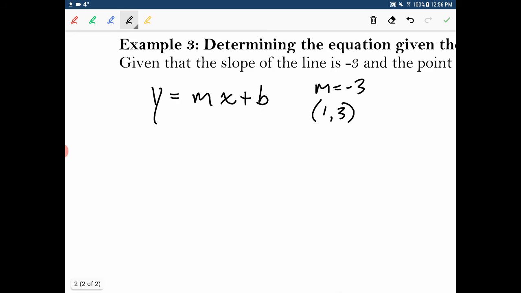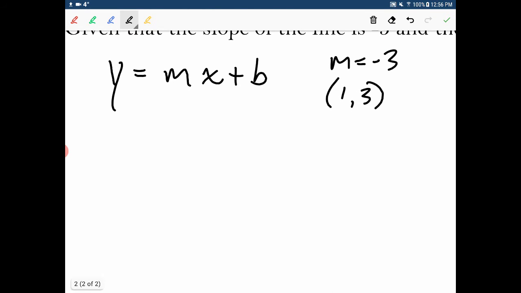We're going to start by subbing in our slope, which was -3. We need that b, so we're going to replace our x and our y. Don't forget that these are in alphabetical order, so that's your x, that's your y.